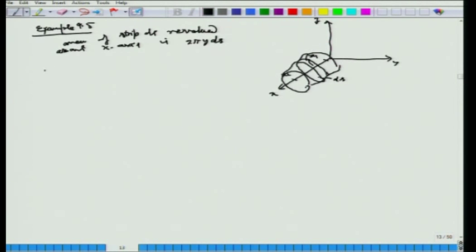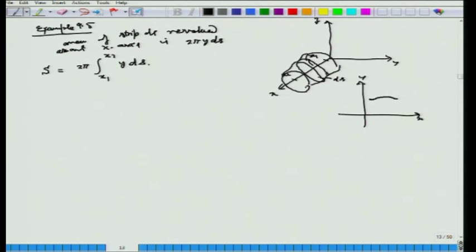So, the total surface area will be given by 2 pi integral x1 to x2 of y ds. This can be seen like you have x and y.